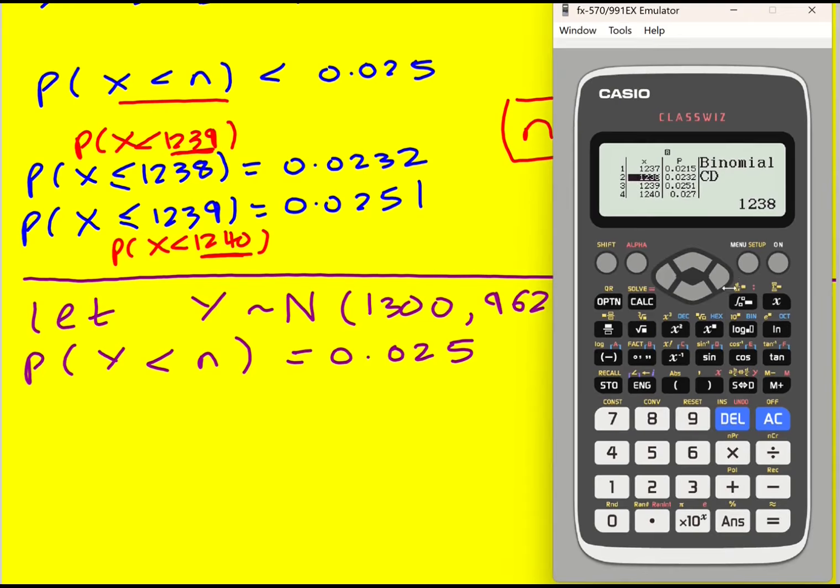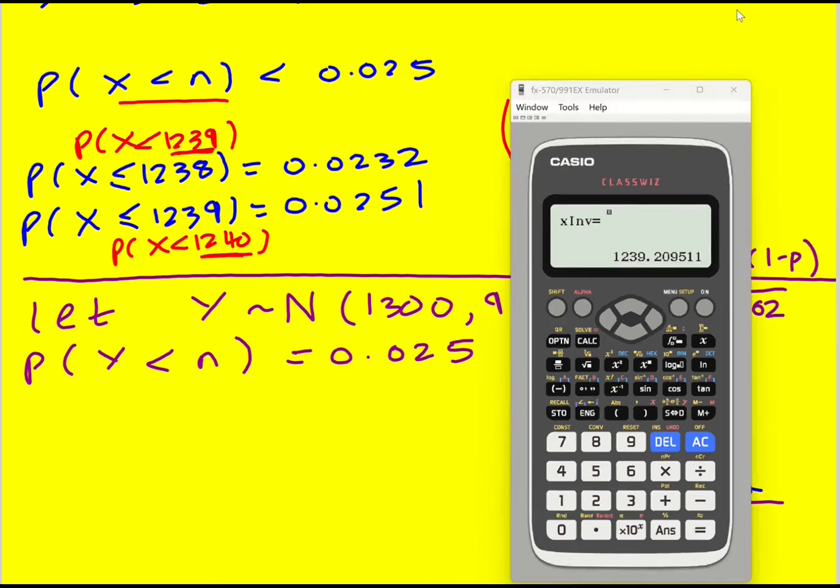So I can do inverse normal distribution, inverse normal, area 0.025, sigma square root 962, mean 1,300. And we get 1239.2.